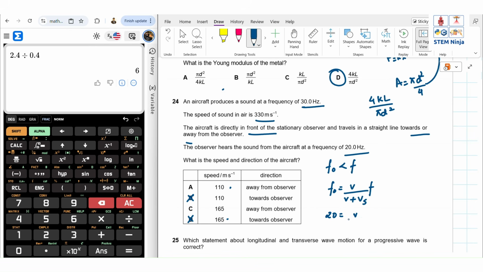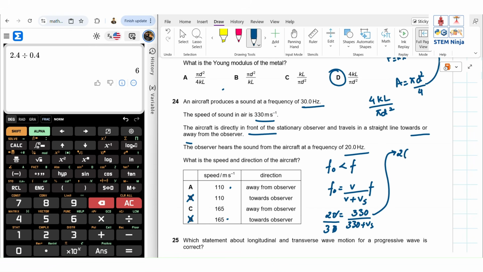20 equals V over, we already have 330, 330 plus Vs, which is unknown, and f, original source frequency, we can bring over here. So 2/3, and then cross multiply.